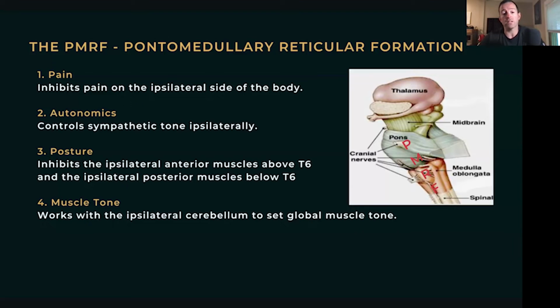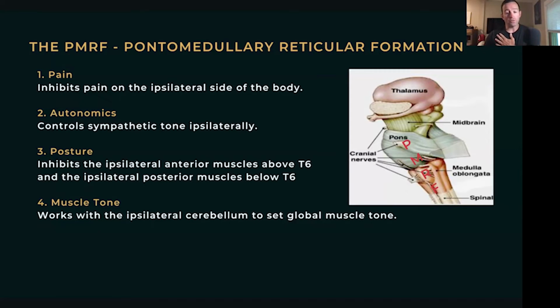So if you look at this again, inhibits ipsilateral anterior muscles above T6. If you imagine a dividing line, basically just below the nipple line, we are concentrating on the muscles above that dividing line, so above T6. If your PMRF is not doing its job properly, it might mean that you have a lot of chronic tightness in the pec region, and that may cause your shoulder to roll inward into an internal rotation.